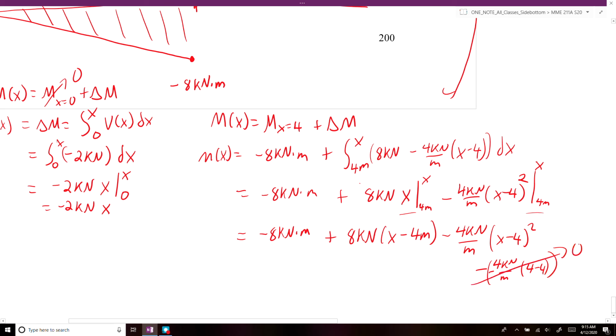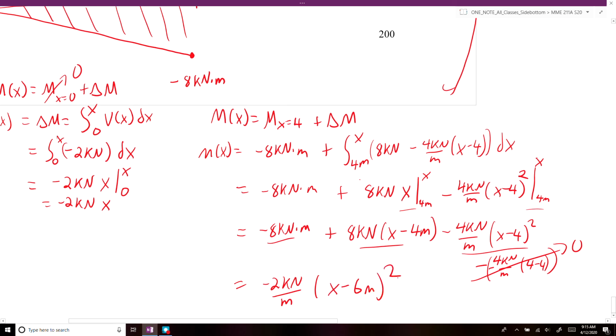So if you resolved all these equations out, you should end up with minus 2 kilonewtons per meter times (x minus 6 meters) squared. So this is again a negative parabola.